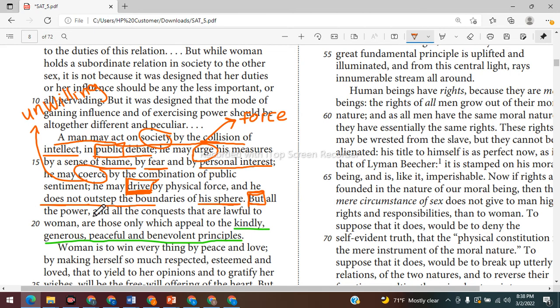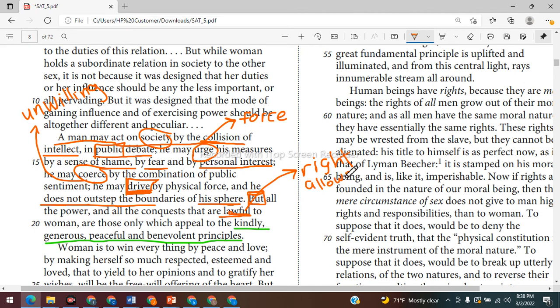All the power and all the conquests that are lawful. I like this word. Lawful. What do you mean by lawful? Full of law. Right. Allowed. I like that. Allowed. Acceptable.